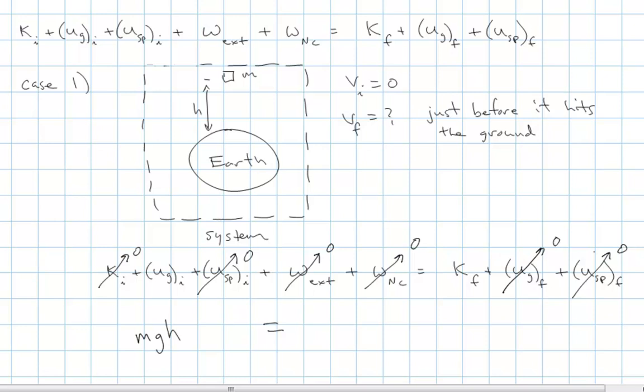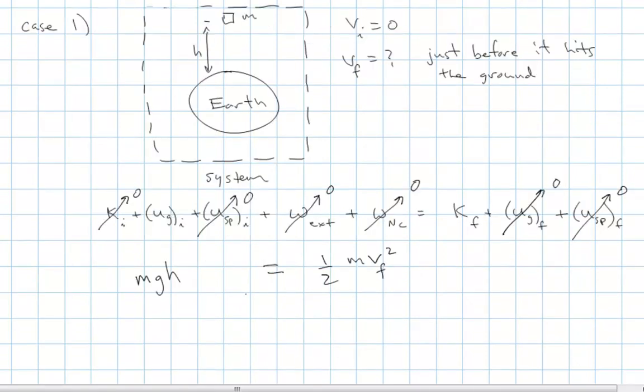And at the end, the only thing I'm left with is kinetic energy, 1/2 m V final squared. The mass cancels, and I get V final is the square root of 2gh.